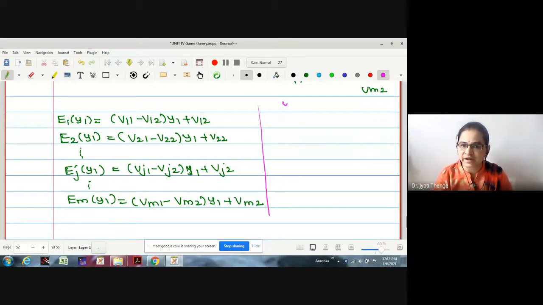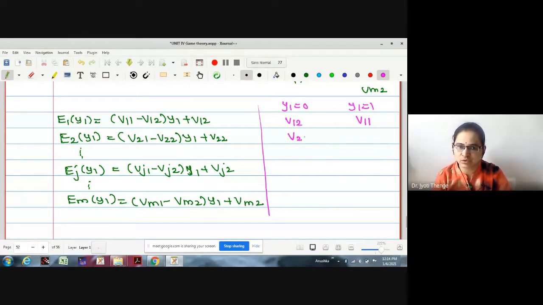Now let me find out the points for y1 equal to 0 and for y1 equal to 1. As y1 is a probability, the value lies between 0 and 1. Now for y1 equal to 0, the first expectation line gives us the point v12. For y1 equal to 1, this is v11.